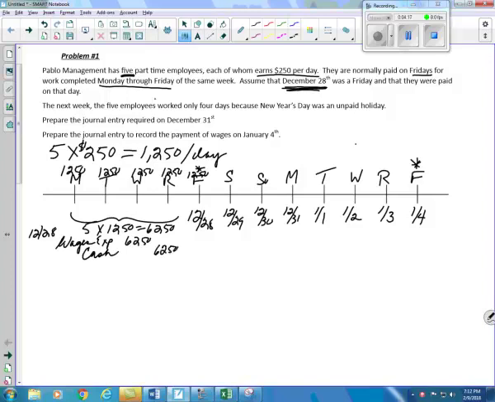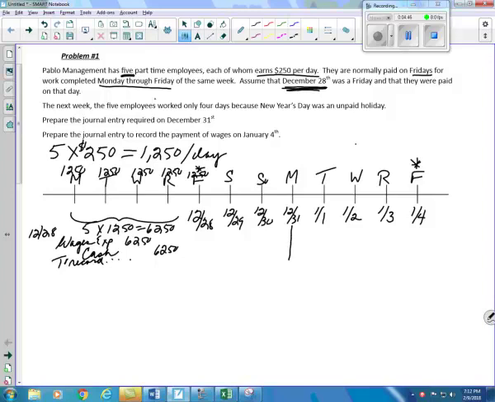Debiting the expense makes it go up. And of course, we would have had our description on it: to record payment of wages for week ending 12/28. So as of 12/28, our employees are paid. Everybody's happy. Our offices are closed on Saturday and Sunday, and on 12/31, our employees are back to work.